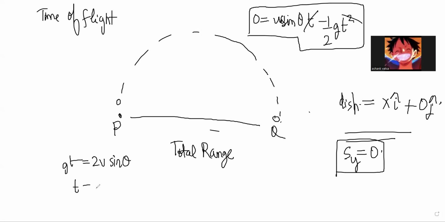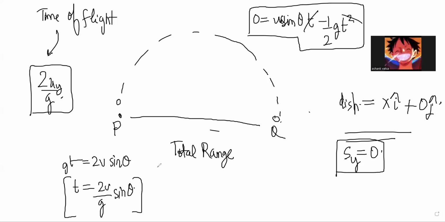So time taken is 2u sin theta by g, correct? Yeah. This expression becomes your time of flight. You can also write it as 2 times uy by g, because uy was u sin theta, right? Yeah. I hope you are understanding what I'm saying. Yes, sir.